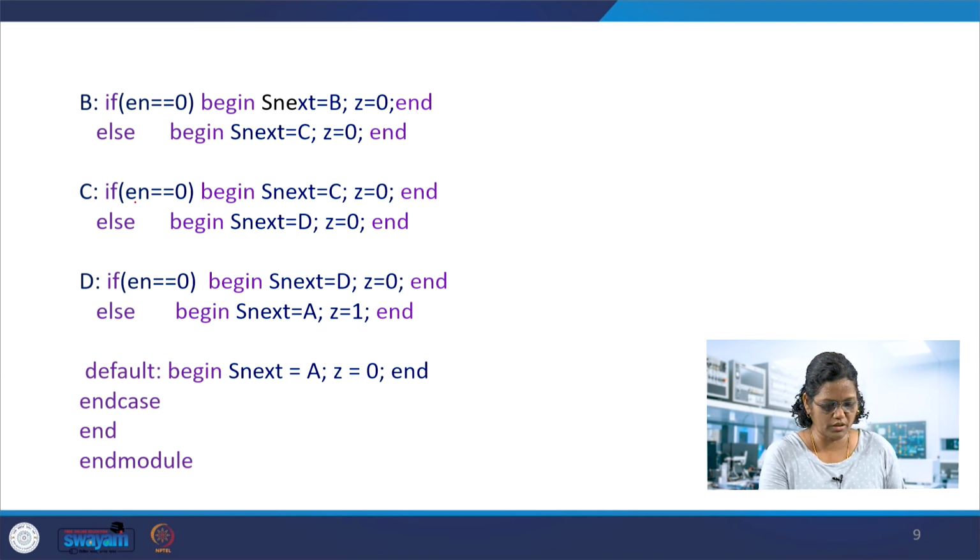You can see over here, if enable is 0 at C, next state is C and then Z is 0. Similarly at D, according to the state diagram, it goes to next state A and Z is 1. Default is S next is A and Z equal to 0 in case of the module.